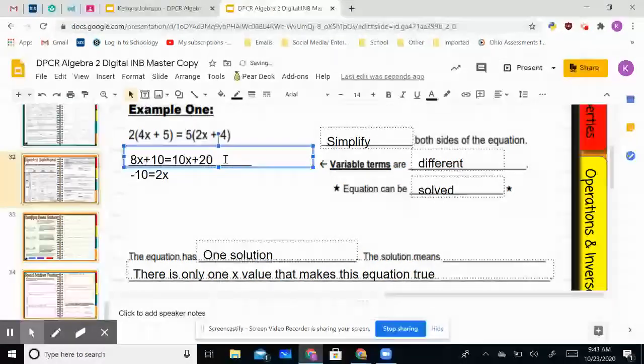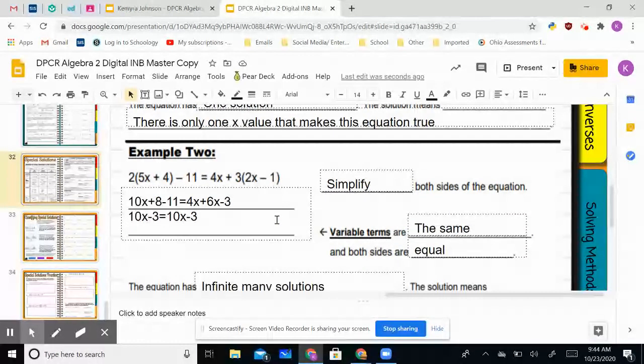So that would give me negative 10 equals 2x. If I continue from there, I would have to divide both sides by 2, showing me that negative 5 equals x. So I can solve this. What this means is there's only one solution to this equation, and there's only one x value that will make this equation true. So there's nothing else that we could plug in other than negative 5 to make this true.